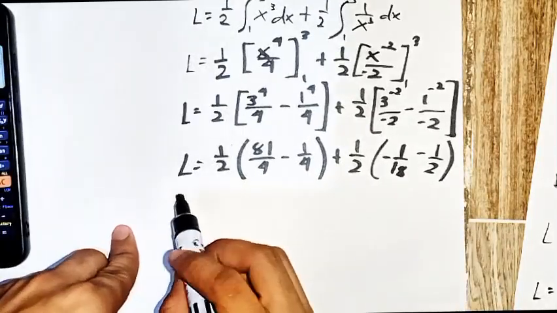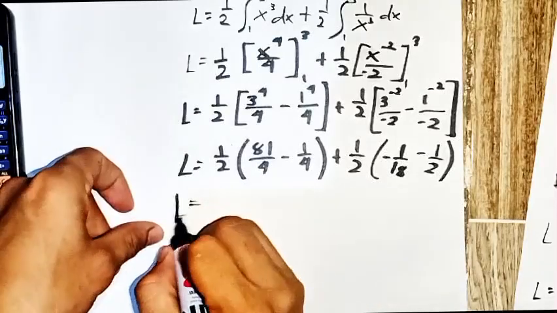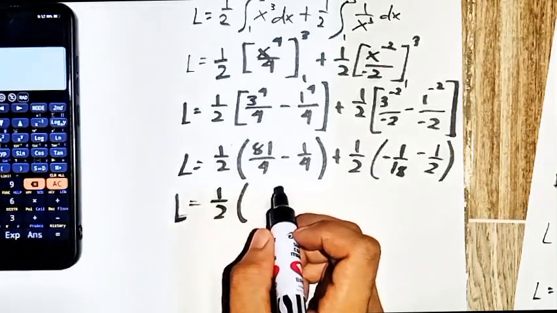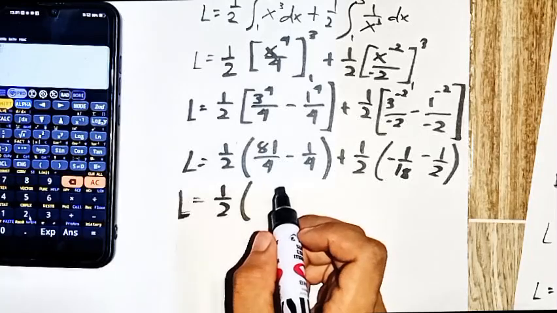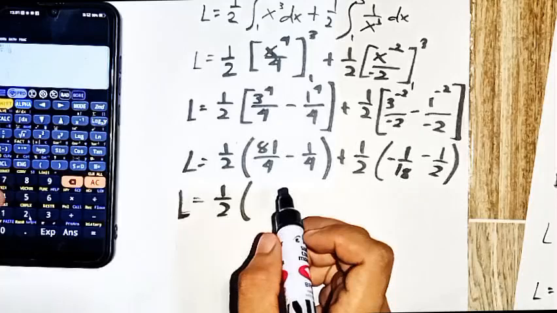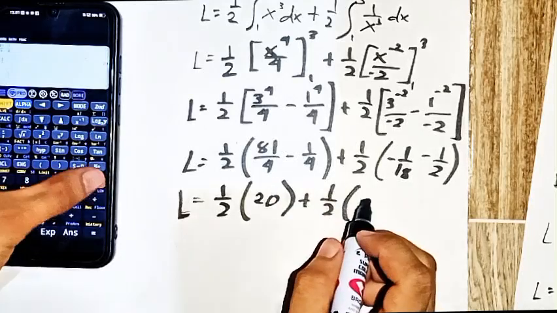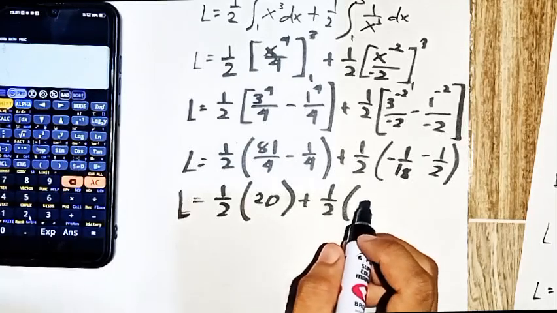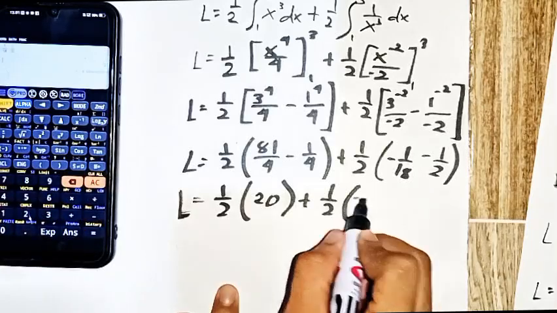So simplify again. L is equal to 1 half. 81 over 4 minus 1/4, we have 20, plus 1 half, negative 1 over 18, minus 1 half, we have negative 5 over 9.